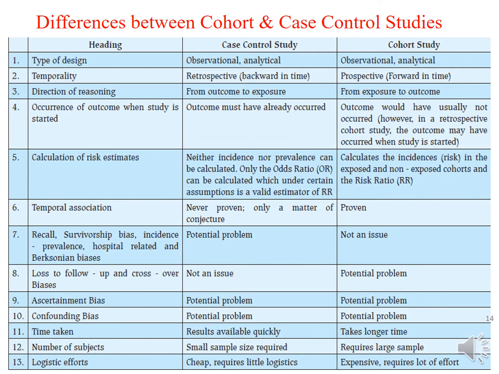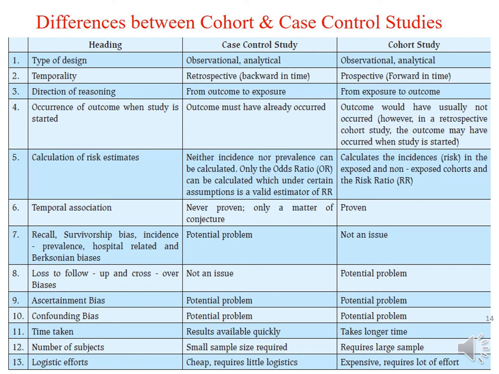We have discussed the cohort and case control studies. Now we will focus on some important differentiating points between these two. Design of both case control and cohort studies is the same, that is observational, analytical.